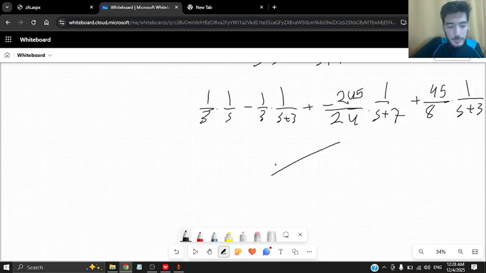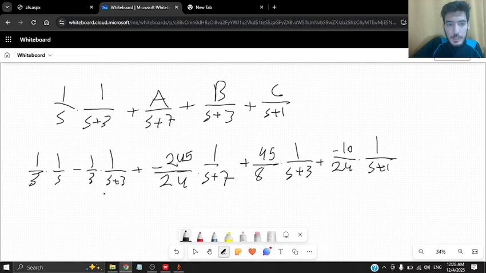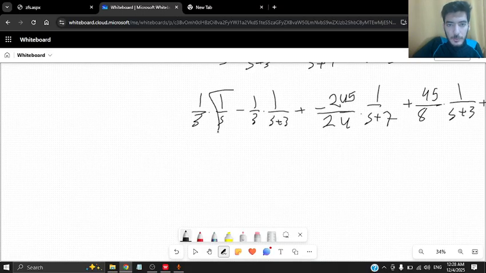So if I transform this back to the time domain, for this part here, it will be the unit step function.